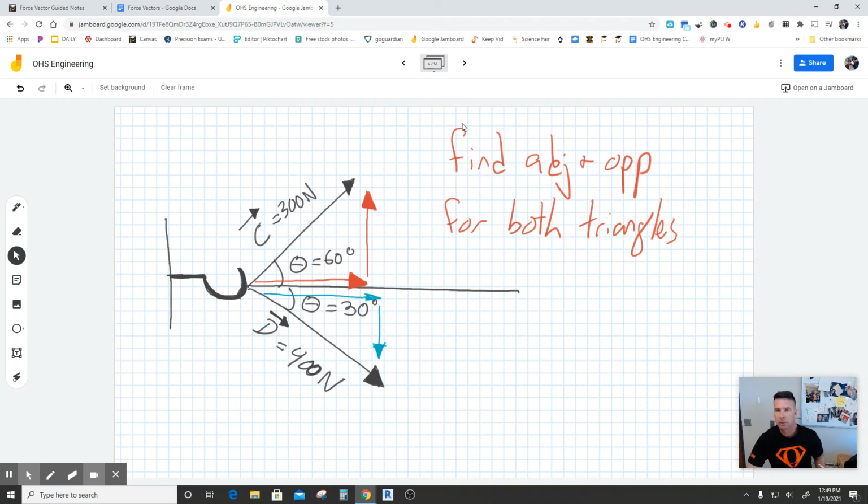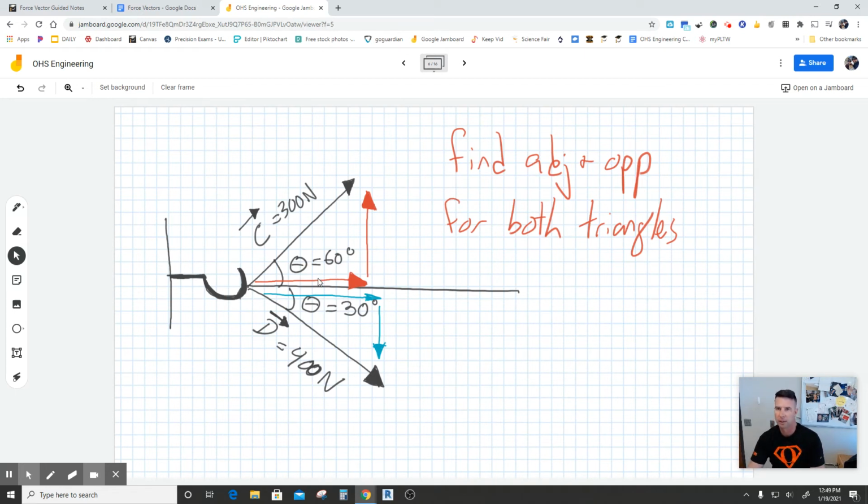Okay, let's do a little longer scenario. I'm going to add another piece to the puzzle. Go ahead and draw this picture. What we're looking at is a hook with two force vectors. So notice vector C at 360 degrees, vector D at 400 newtons and 30 degrees. And what I want you to do is find the adjacent and opposite sides for both triangles.